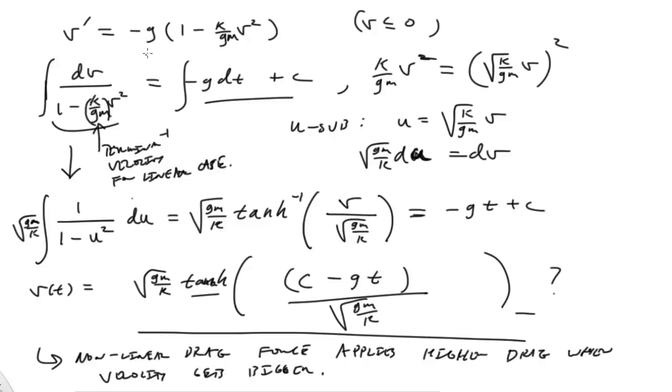One thing we should do is maybe look at a phase diagram of this. So let's do that. Again, let's go to v of t. V prime of t is equal to negative g plus k over m v, and v squared, sorry. And we'll look at the phase diagram.